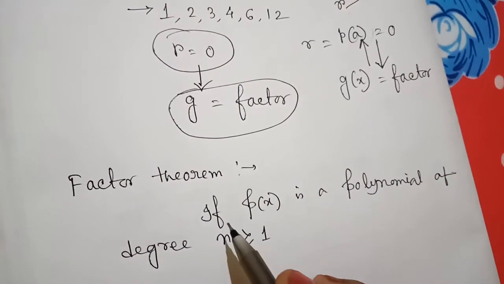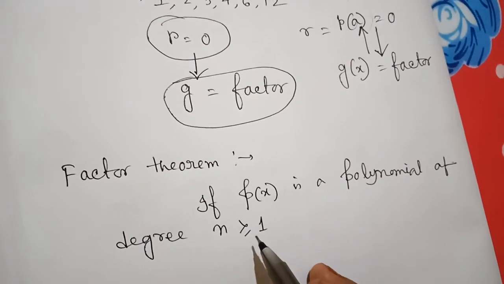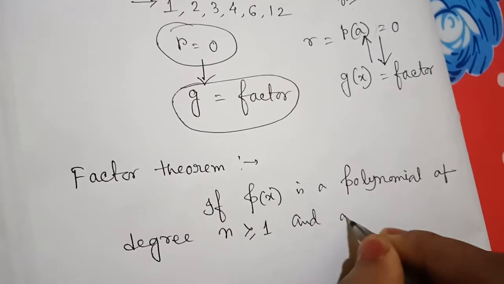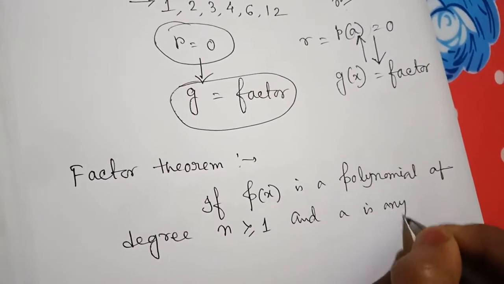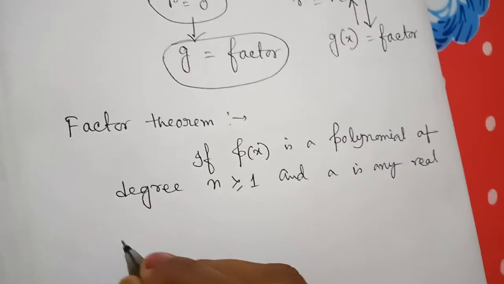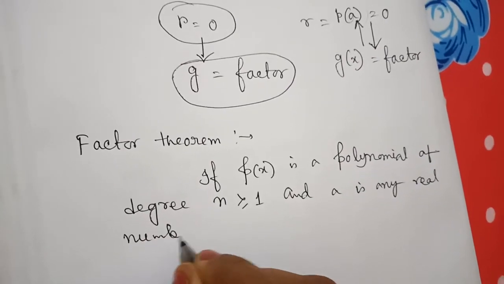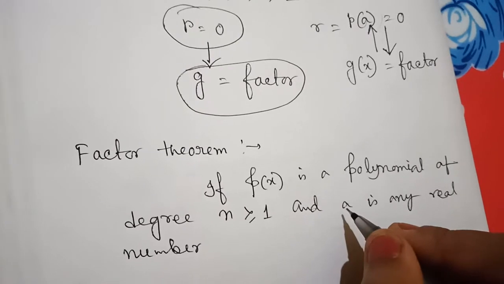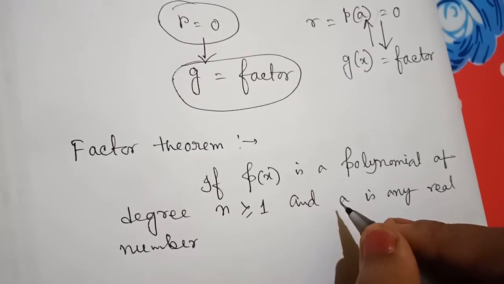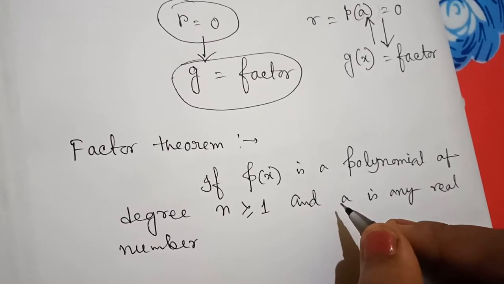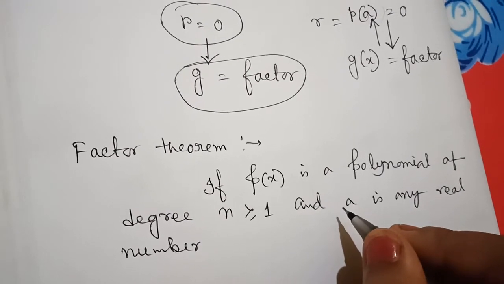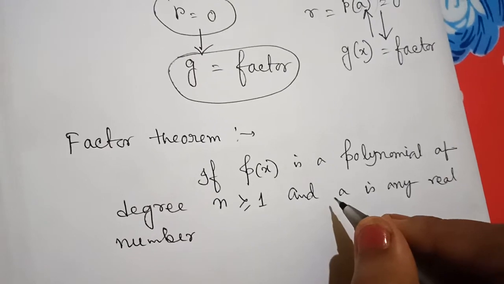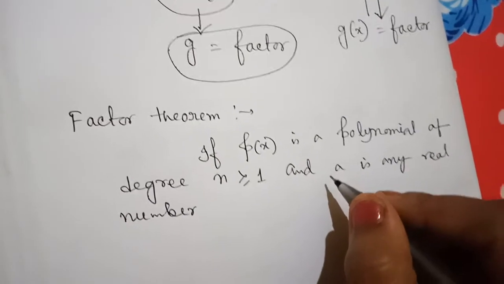Now for a polynomial we are taking the degree to be either 1 or more than 1, and a is any real number. Real number means a can be 0, a whole number, a natural number, an integer, positive or negative integers, positive rationals, negative rationals, and a can be irrational also.